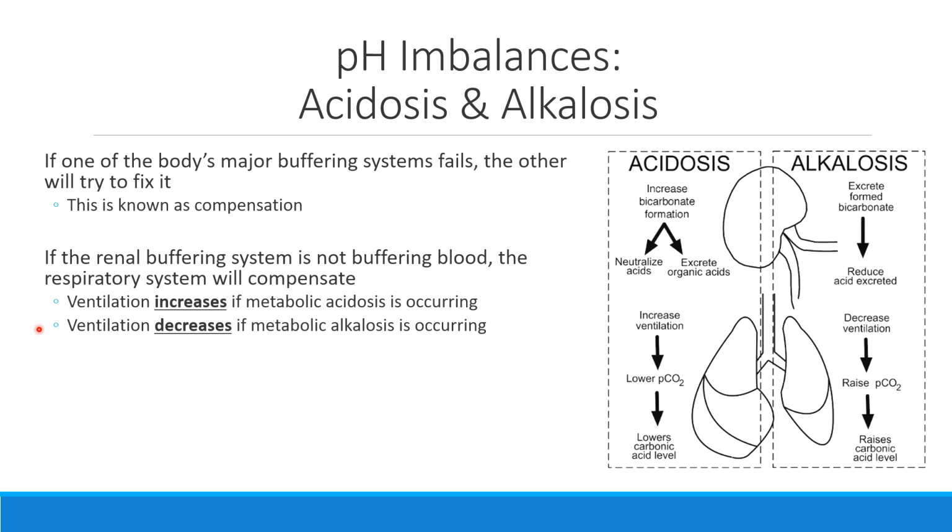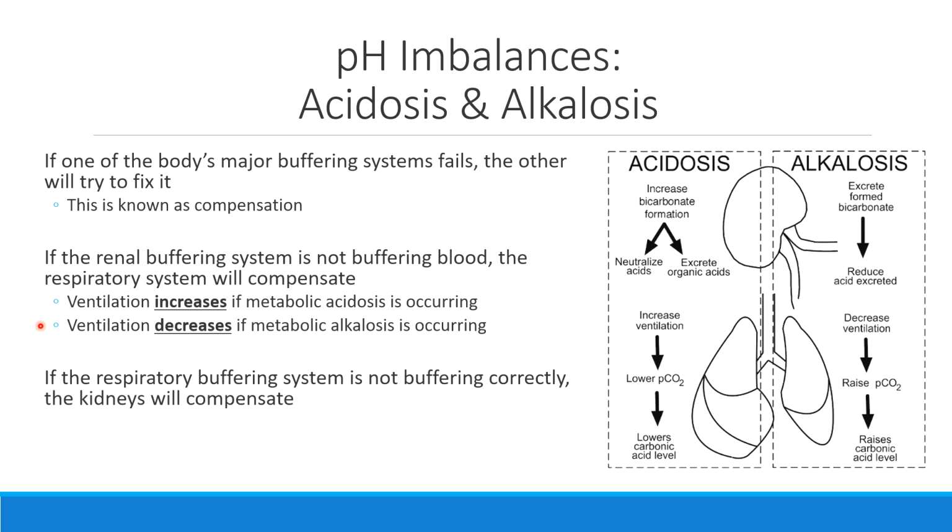So this is what my compensations would be if the renal buffering system is malfunctioning. If the respiratory buffering system is malfunctioning, now the kidneys are going to compensate. And we think back to our renal buffering system to see what kinds of effects we'd have.